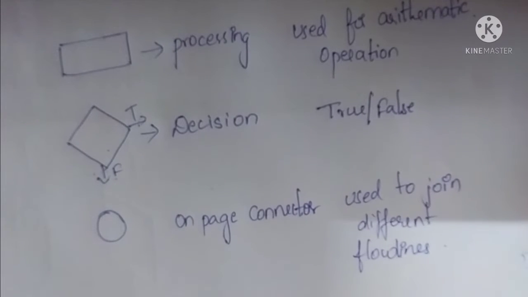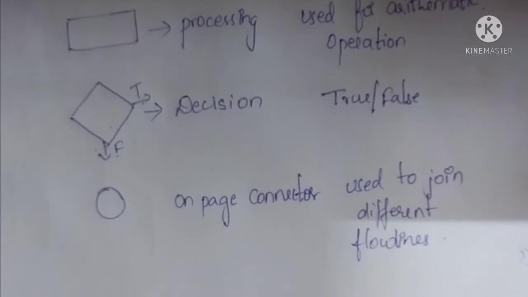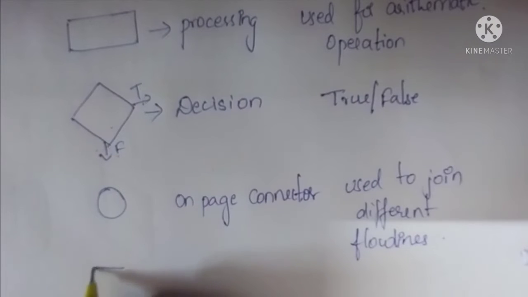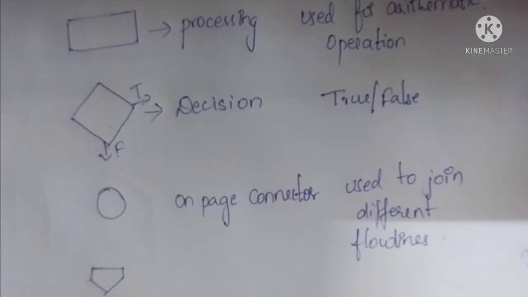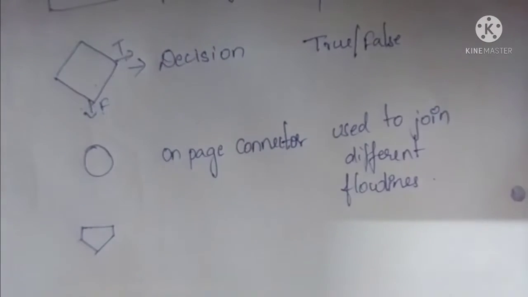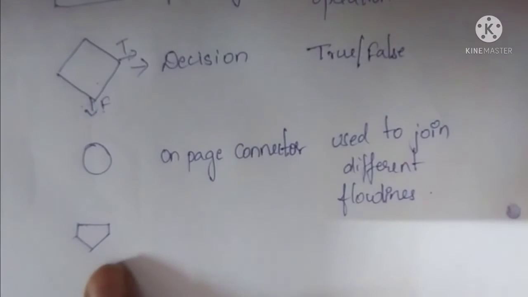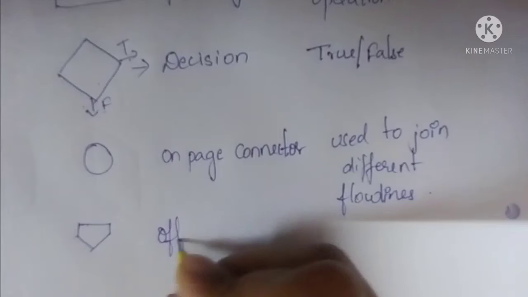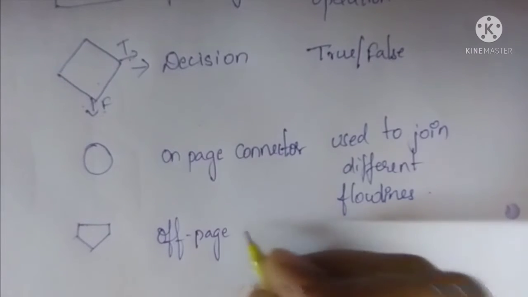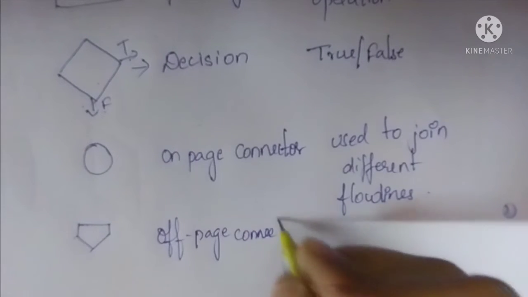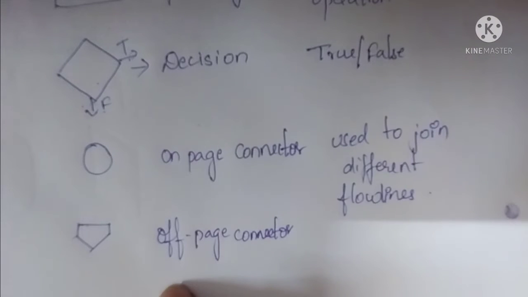Next we have the off page connector. The off page connector symbol is this one. You have to represent the off page connector symbol in this manner. This connector is used to connect flowchart portions on different pages, not the same page.